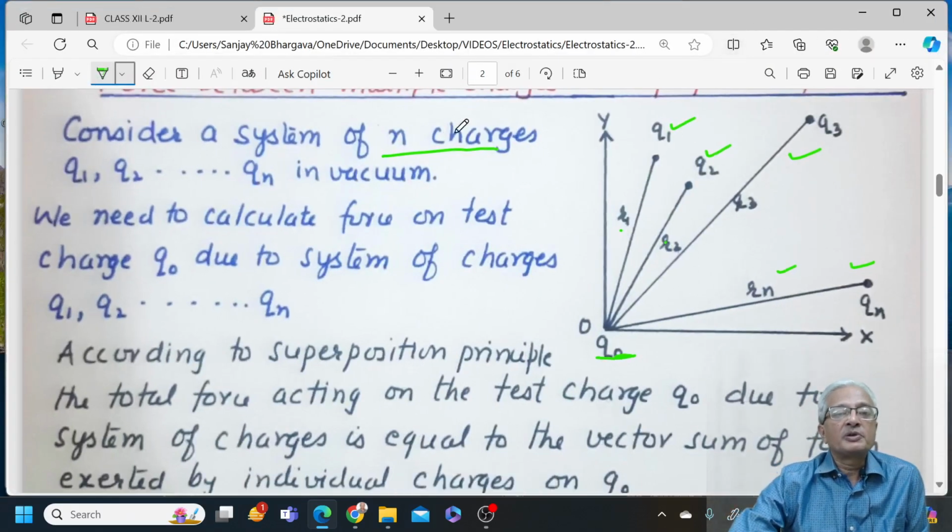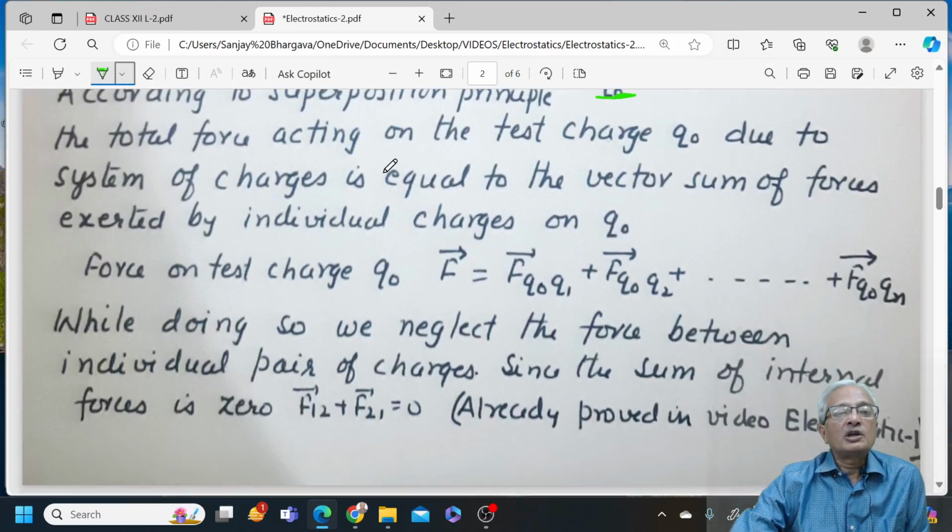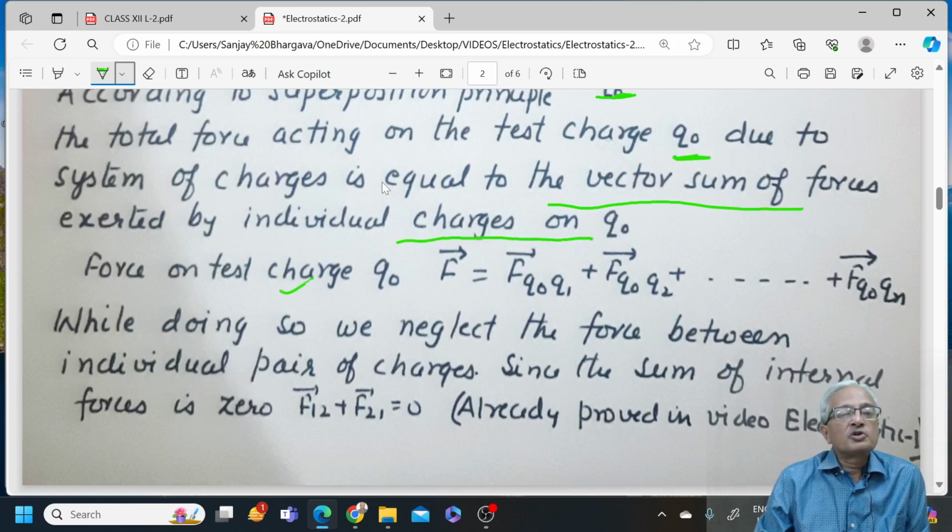According to the superposition principle, the total force acting on the test charge Q0 that was placed at the origin due to a system of charges is equal to the vector sum of forces exerted by the individual charges on Q0. So what is the force on the test charge? That is F. Q0 is experiencing a force due to Q1, a force due to Q2, Q3 and then Qn.